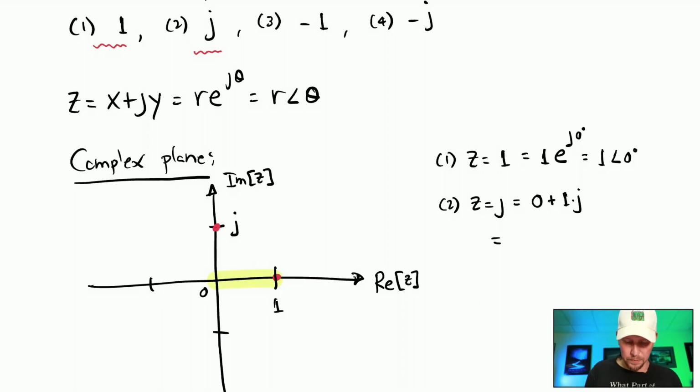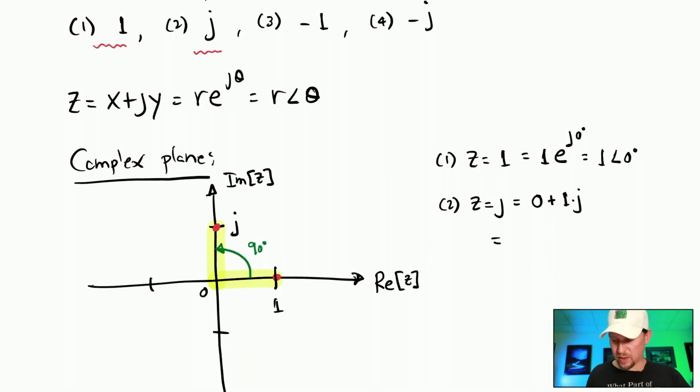In polar form, right, notice that if I start at the origin and I go up to this number, I've traveled a distance of 1, right? And I've gone, and I'll do this in green, from this axis over to this one, I've gone an angle of 90 degrees. Right?